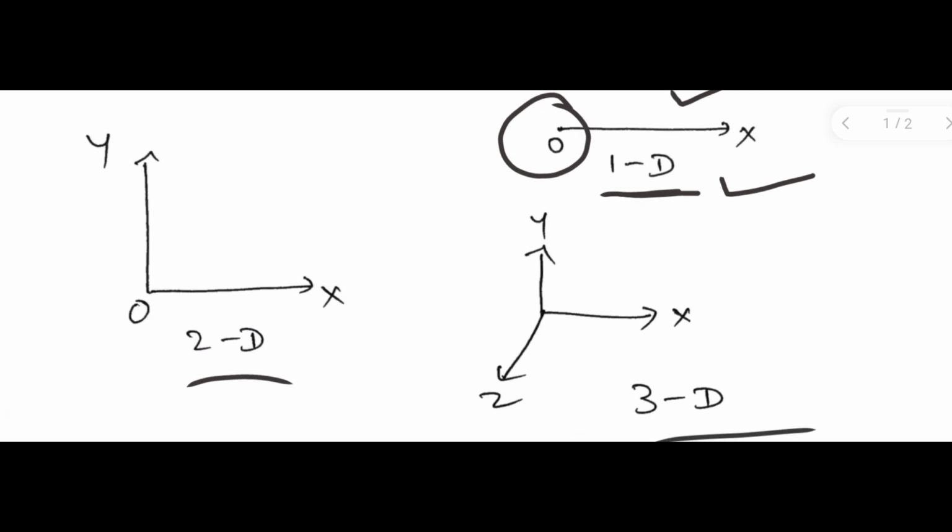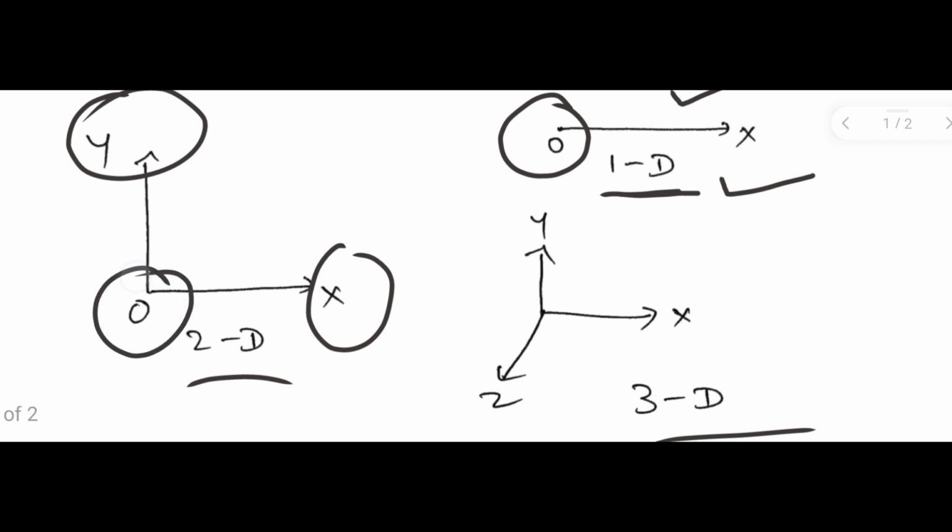Here two measuring axes are required. Here I have taken the x axis and y axis, and O is the origin position. From this point O we calculate the magnitudes of motion in two dimensions.